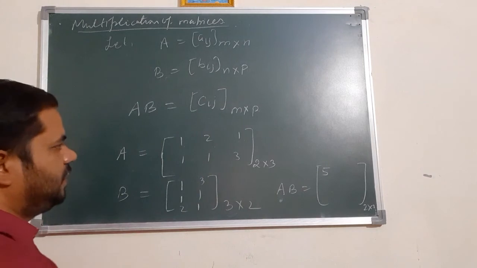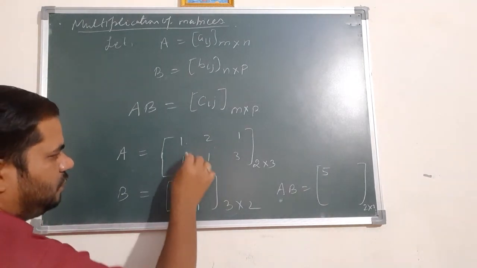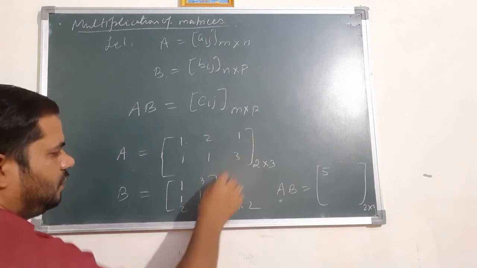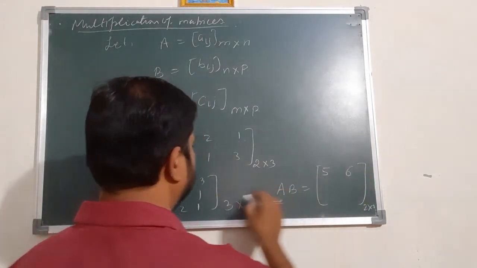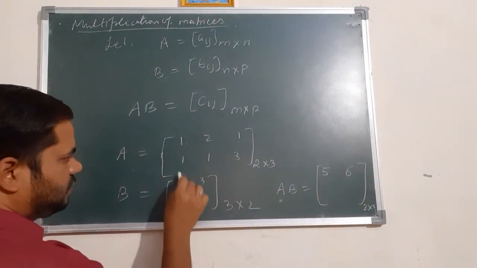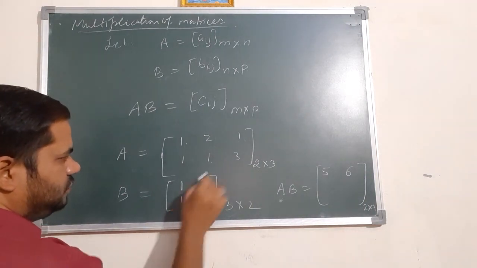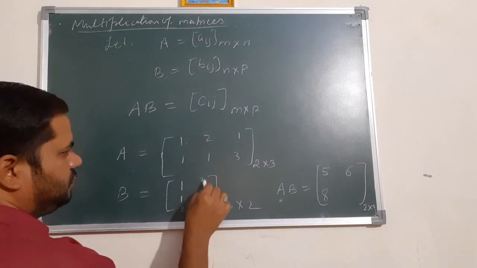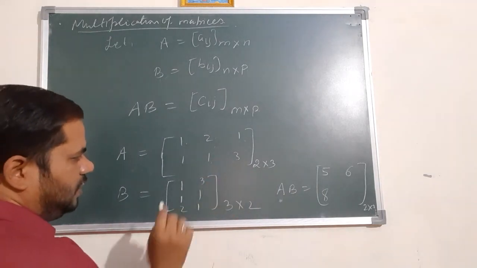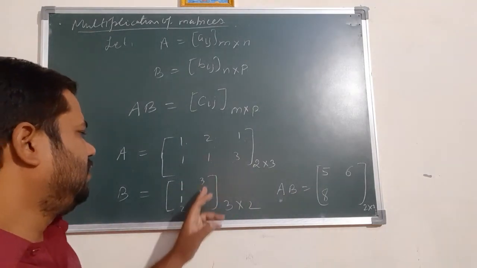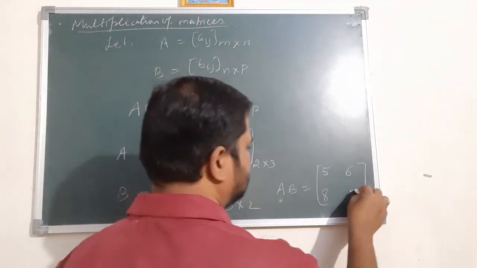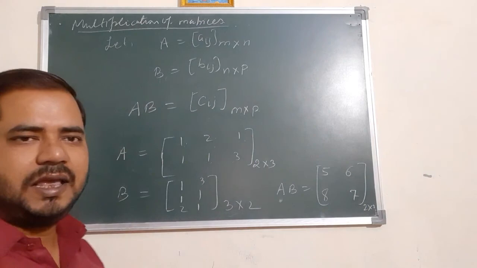Similarly, this row by the next column: 1 into 3, 3, 2 into 1, 5, 1 into 1, 6. Then the next row by the first column: 1 into 1, 1 into 1, 2, 3 into 2, 6, 8, and then 1 into 3, 1 into 1, 3 into 1: 3 plus 1, 4, plus 3, 7. So this is the matrix AB.